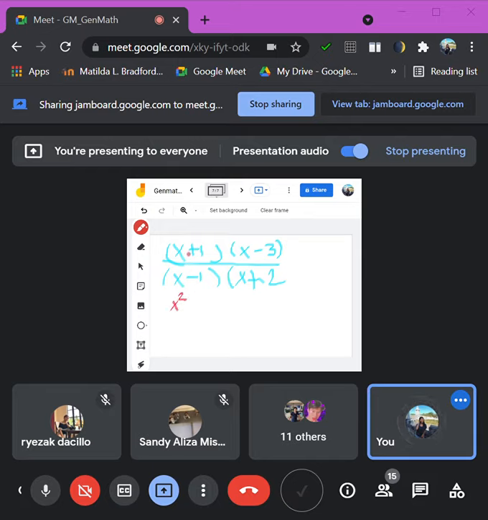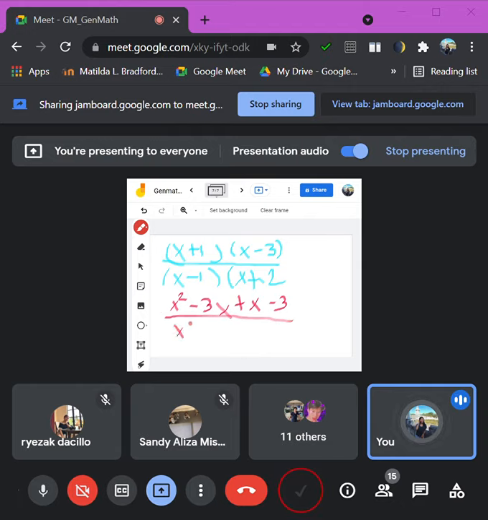Then x times negative 3, that is negative 3x. 1 times x is positive x. And 1 times negative 3 is negative 3. And below, x squared, x times x. Then x times 2 is plus 2x. Then negative 1 times x is negative x. And negative 1 times 2 is negative 2.